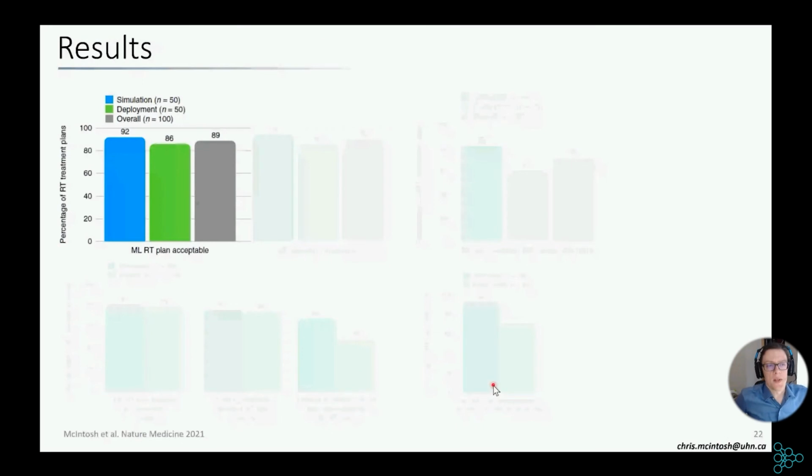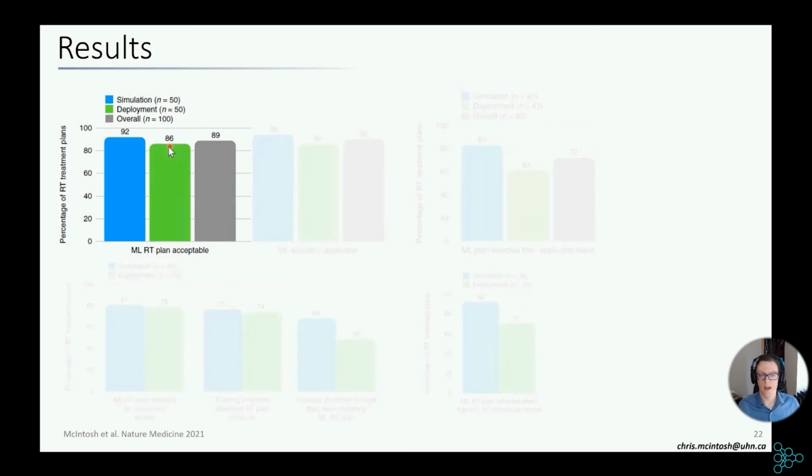Now let's look at the accuracy. We split it into two phases. There was a simulation phase, where we did the blinded review, but it's retrospective. And then we did a deployment phase. In the deployment phase, prospective, for all patients, when AI was selected during that phase, they got treated with AI. What we noticed is that during the simulation phase, 92% of the radiation therapy plans created by the AI were acceptable.